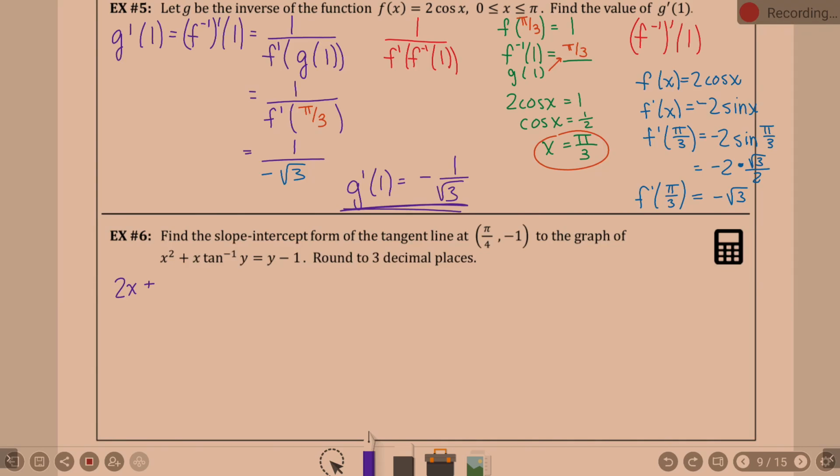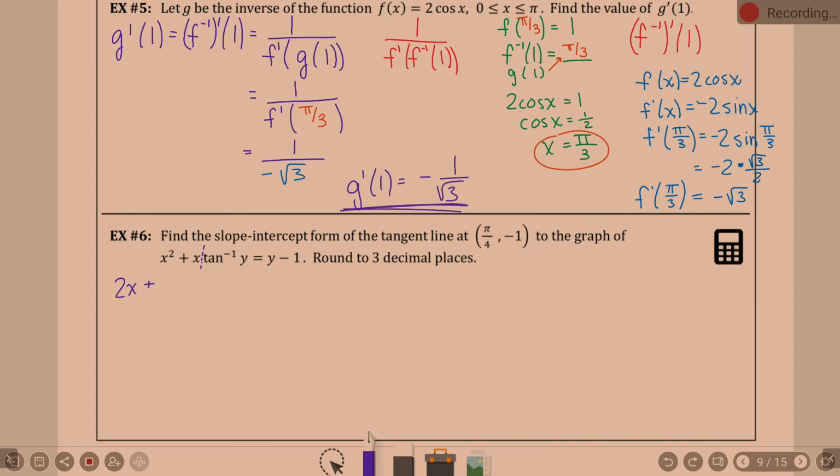What do you notice about x tangent inverse y? Did we throw a product rule in here? Could you rewrite this equation and add the 1 over? It's not going to make a difference when I have a y inside my tangent inverse.